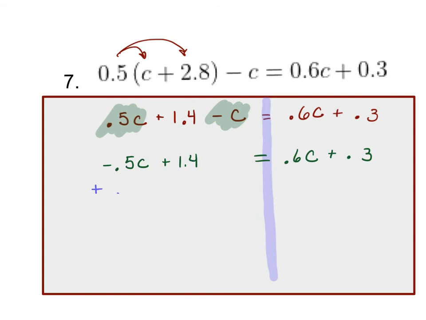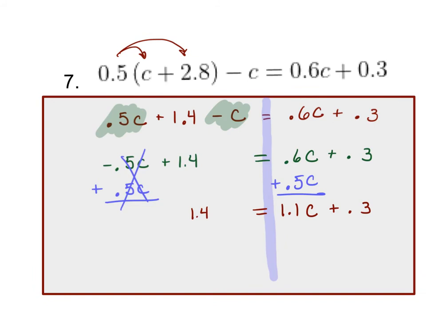So I'm going to add 0.5c, because those two are additive inverses. They'll cancel each other out. And I do the same thing to the right side. On the right-hand side, I get a different result. So left-hand side, I'm left with a 1.4 equals 0.6 plus 0.5 is 1.1c plus 0.3.